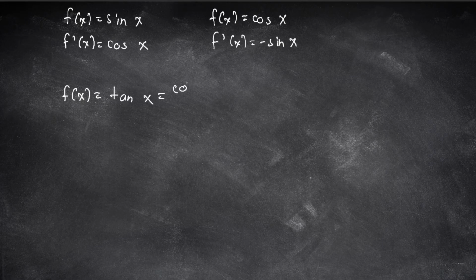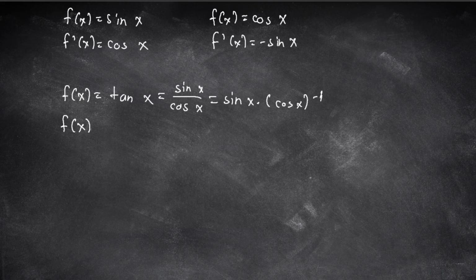So tangent of x is sine of x divided by cosine of x, which is just sine of x times cosine of x to the power negative 1, like what we did with our quotient rule. So now we're just going to use the product rule, turning this quotient rule into a product rule and a chain rule.